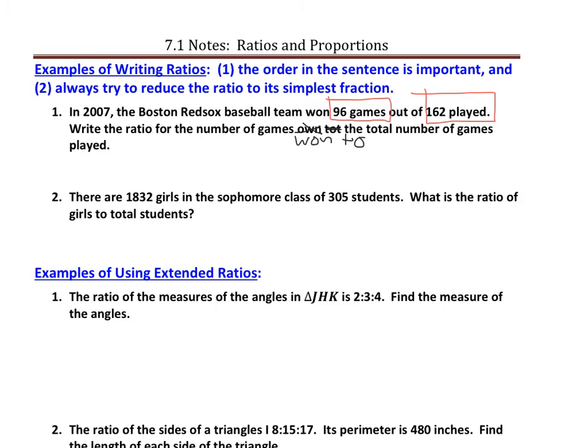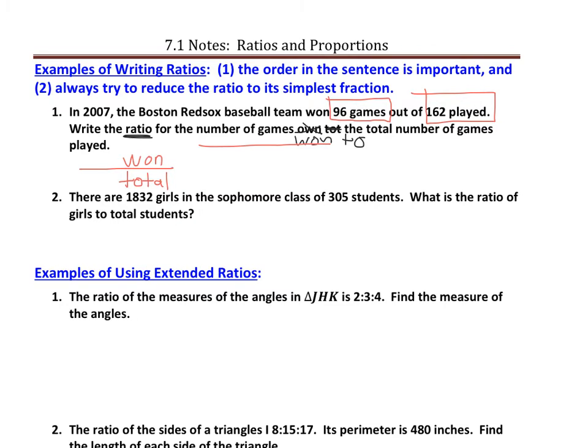Okay, so here's where the order matters. The games won came first in the sentence, so games won will be the numerator. And the total comes second in the sentence, so that is going to be the denominator.